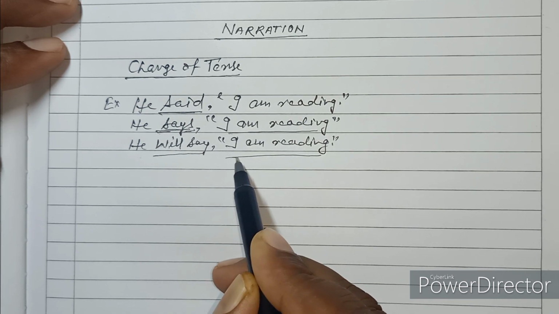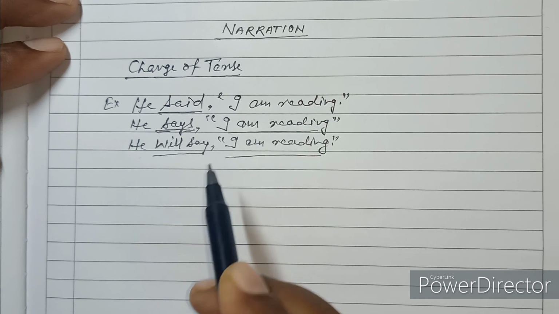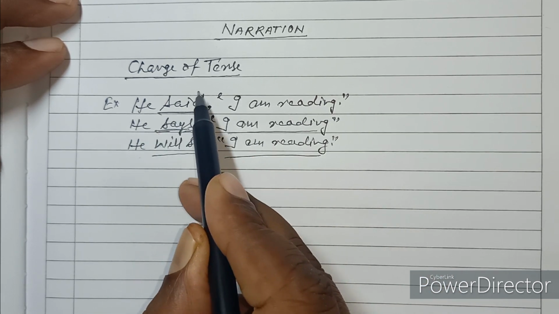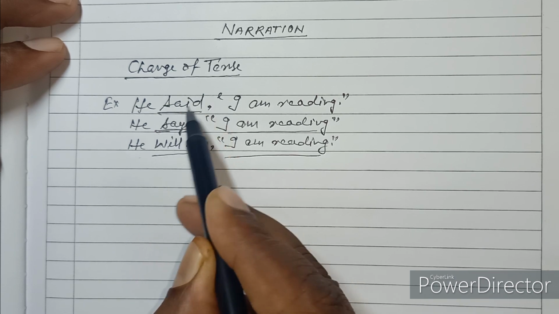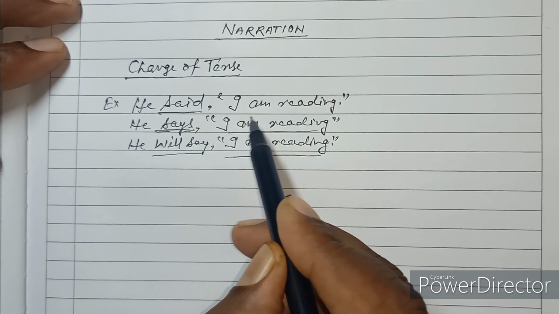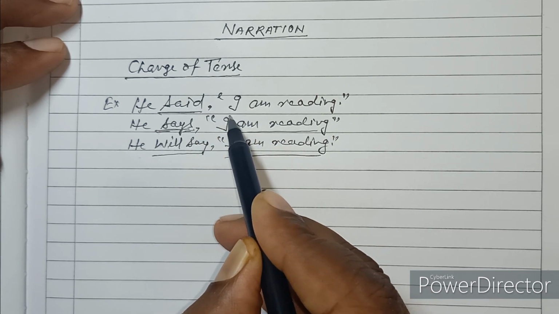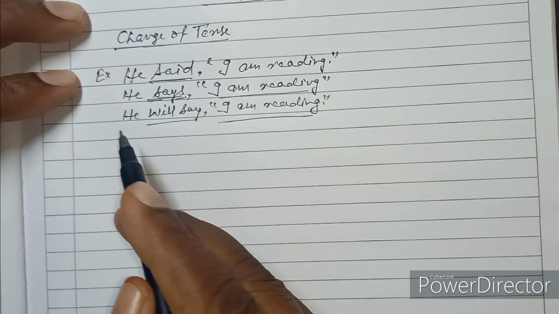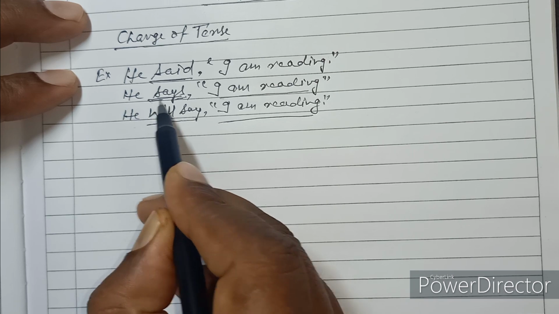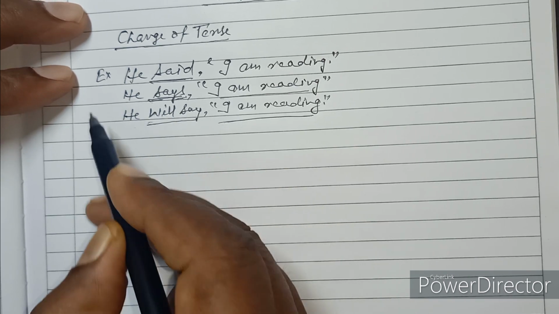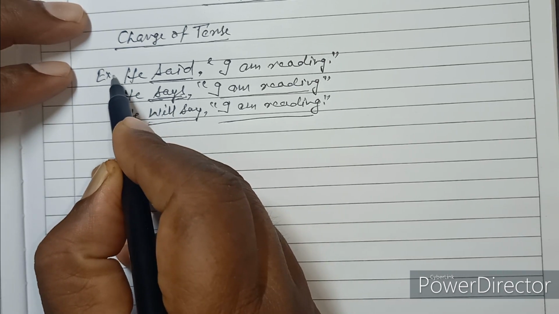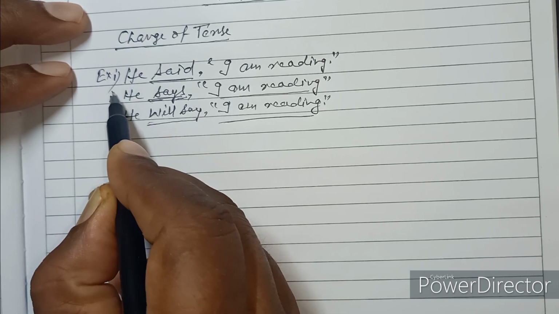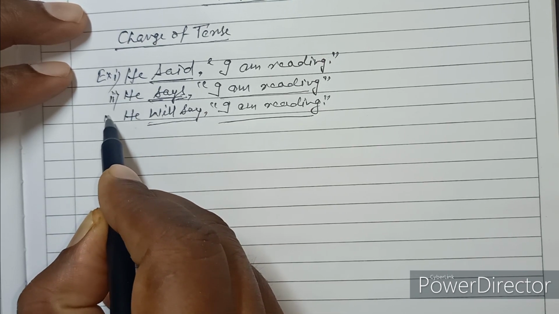That means it remains constant. But when the reporting verb is past tense, that is said, the reported speech will change. So let us first know about the present tense and future tense. This is example number 1, this is example number 2, and this is example number 3.